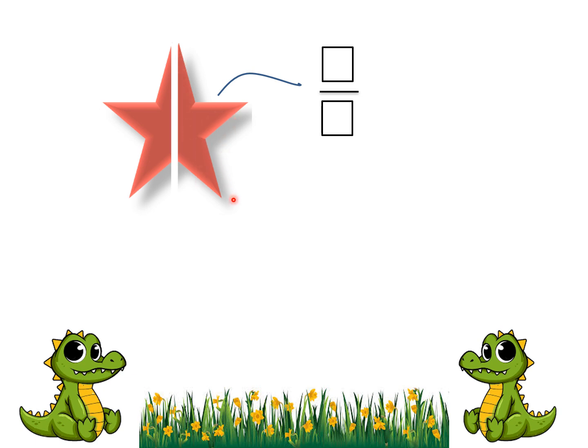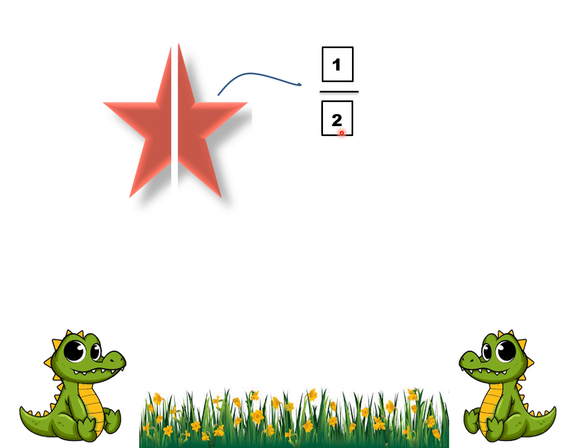I divided one whole star into 2 parts and I took one part out of 2. So I will put here 1. And down here I put the total number of pieces the whole star was divided into, which is 2.